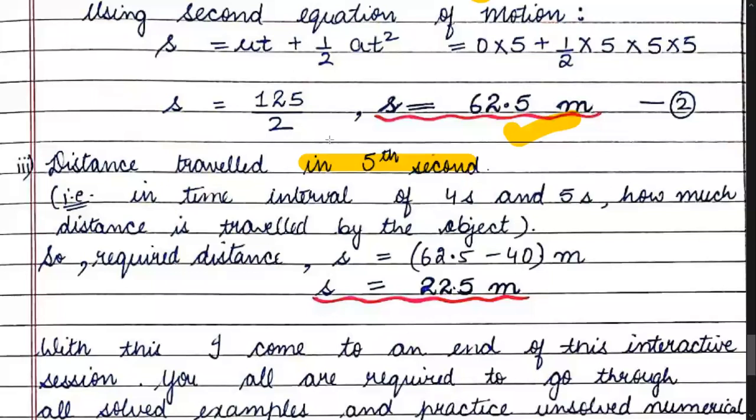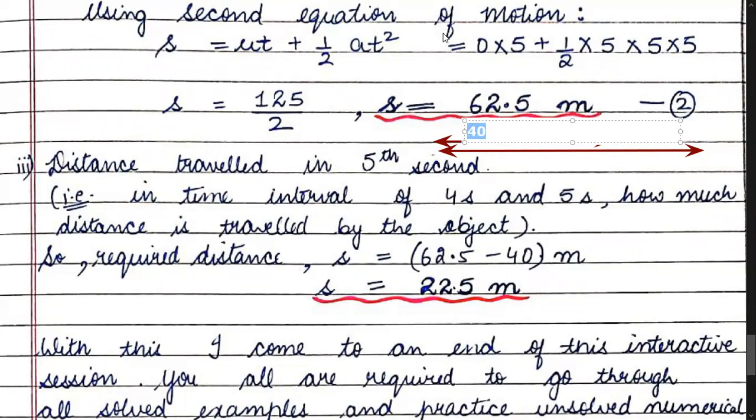That means, suppose children, as we have calculated the distance traveled in first 4 seconds and the distance traveled in first 5 seconds. So in first 4 seconds, the distance traveled comes out to be 40 meter.